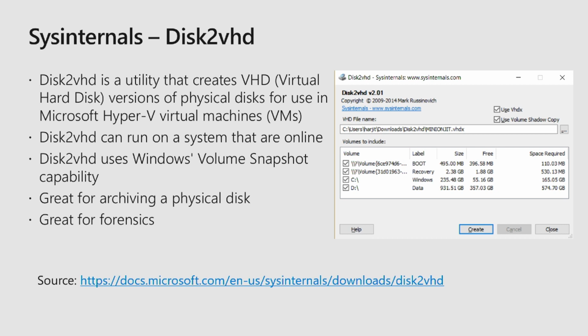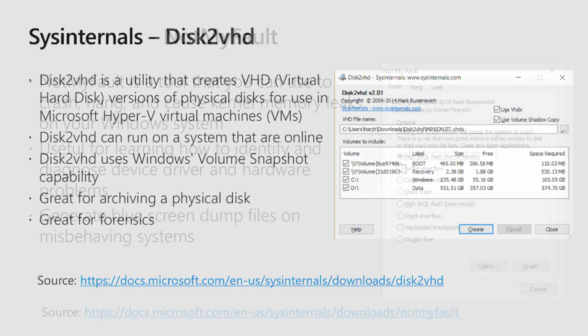So he grabbed the physical hard drive of this machine, put it in an enclosure, plugged it into a system, ran Disk2vhd, converted it to a VHD, put it in Hyper-V, and they were up and running within an hour. Awesome. This is also good for forensics, when you need to capture the system as a whole for archiving. So definitely use this. Okay?